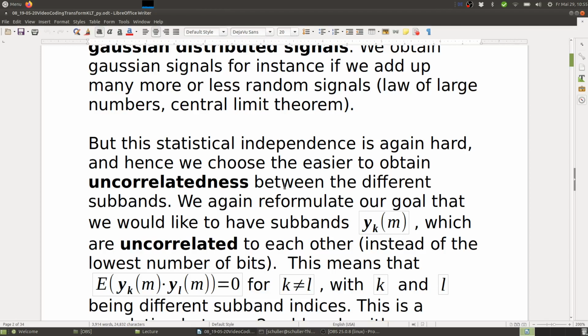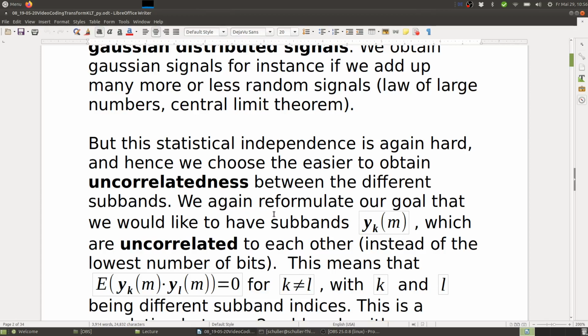We say, maybe it's close enough to a Gaussian distribution, and then we can take uncorrelatedness. So now we make the assumption that the probability distributions of the subbands are Gaussian, or at least close enough to a Gaussian distribution. Again, this is something we need to keep in mind: our solution relies on this assumption of Gaussian distributions, which is more or less realistic.